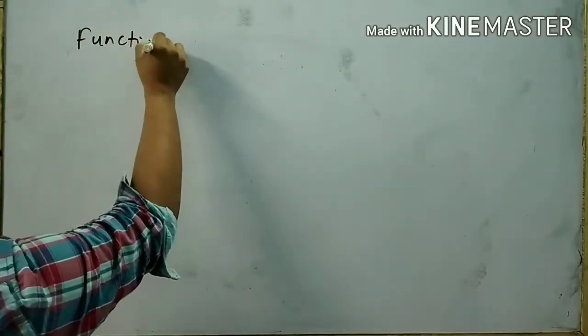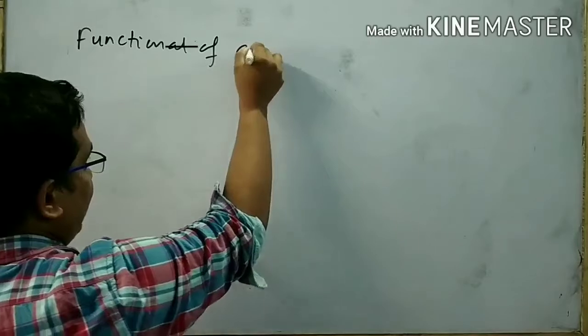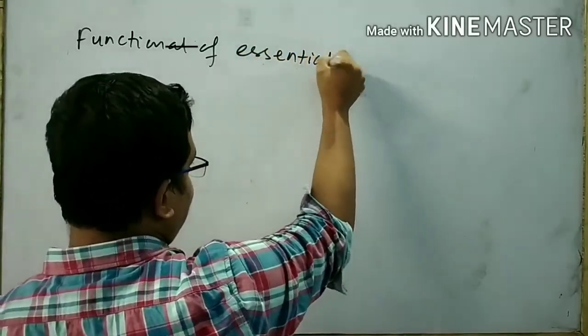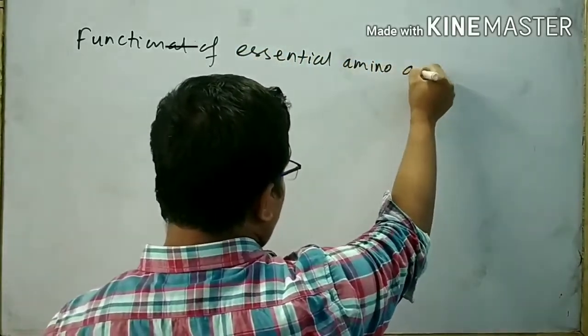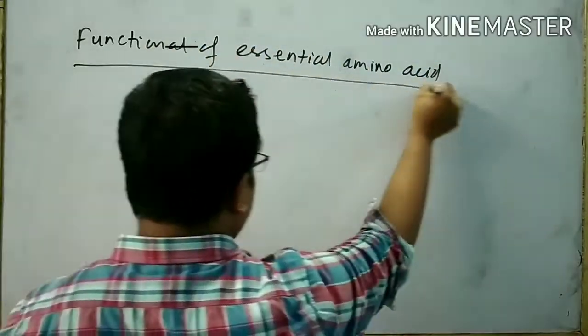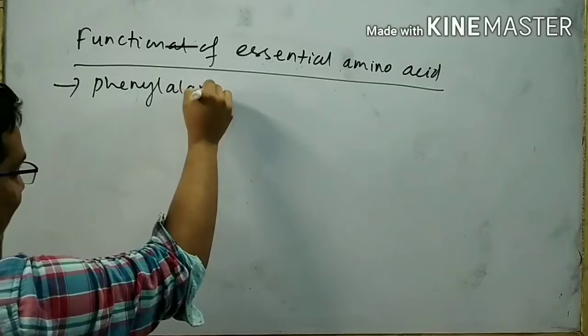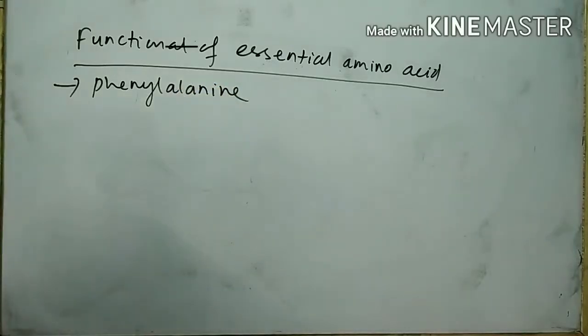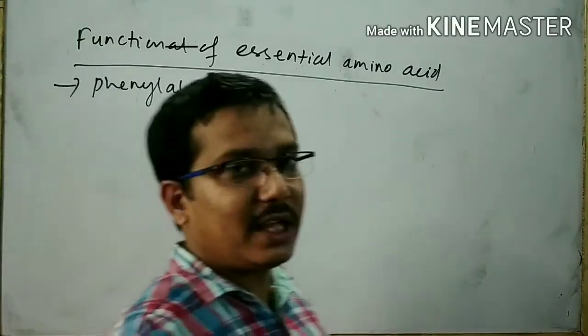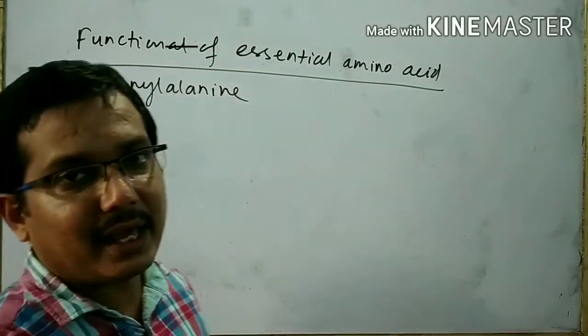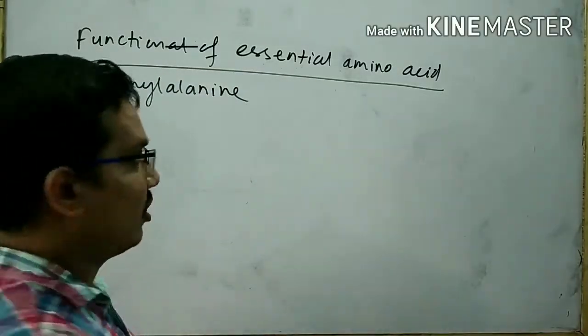Function of essential amino acid. First is your phenylalanine. Phenylalanine is used for boosting memory power and maintaining a healthy nervous system.